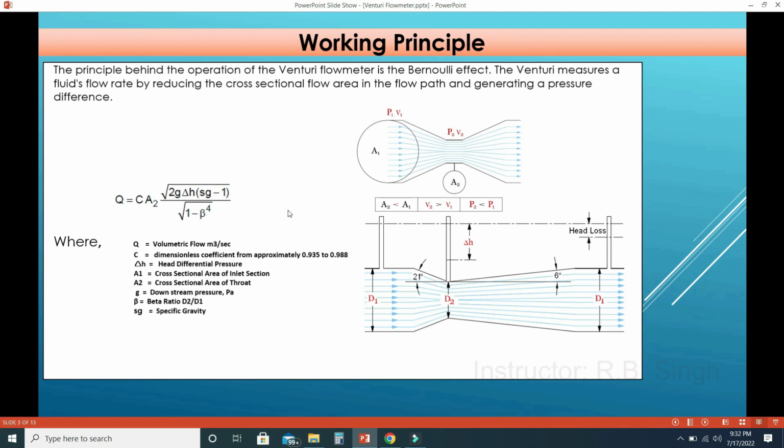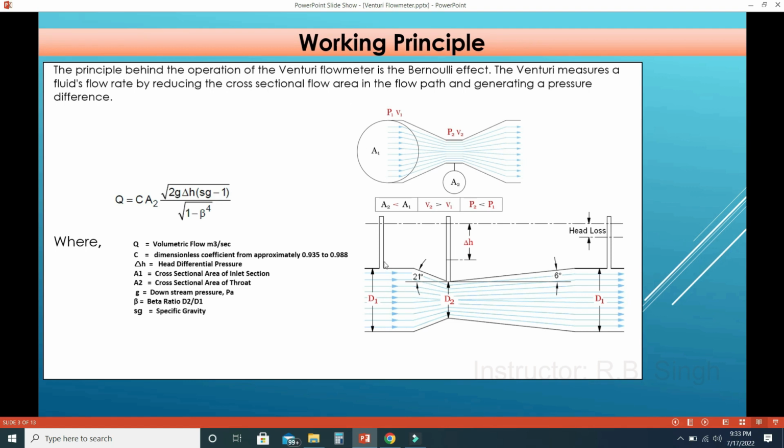Here is the flow formula that can be used to measure the flow rate. The upstream pipe size is D1 and the throat pipe diameter is D2. Again, this downstream pipe diameter is D1. So this type of shape of venturimeter can be formed and there will be differential pressure between upstream and downstream pressure.